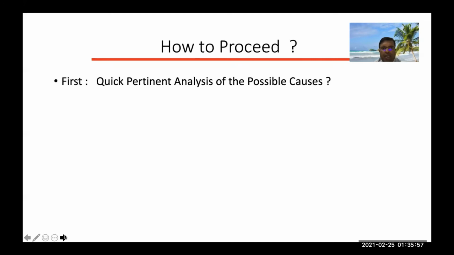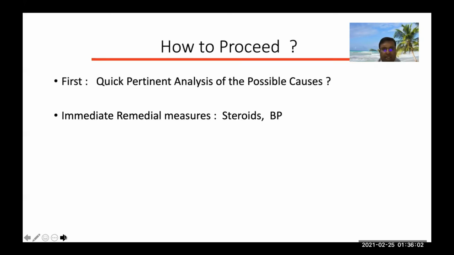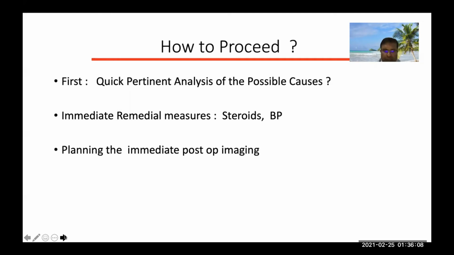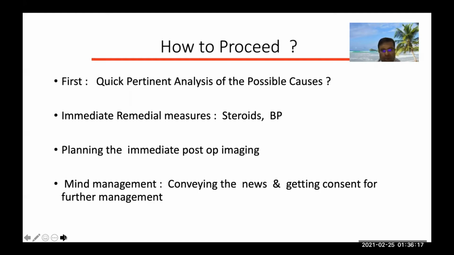First, a quick and pertinent analysis of the possible causes, immediate remedial measures like steroids or avoiding hypotension or improving the blood pressure, and plan a post-operative imaging at the earliest. And most important, mind management. You are the one who is going to convey the news to the family. It should be you and nobody else from your team.